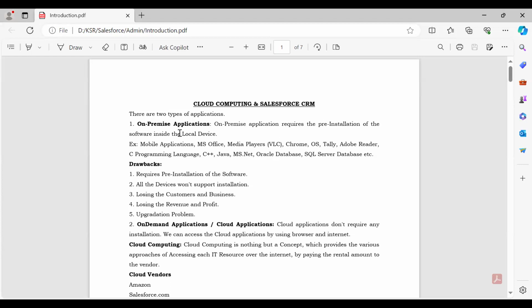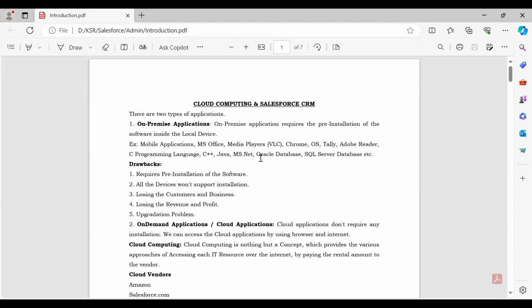I have given some examples yesterday, like mobile applications, MS Office, media players, operating systems, Adobe Reader, programming languages like C, C++, Java, .NET, and databases like Oracle database, SQL Server. All these are examples of on-premise applications. Without installing software in the local system, we cannot use these applications.